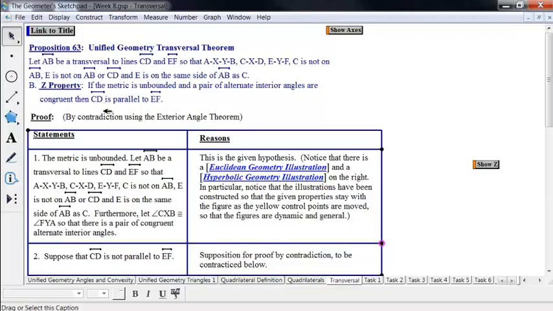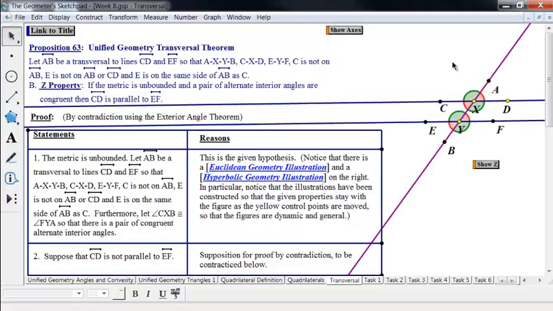Our conclusion is going to be then that we get the lines CD and EF parallel. So there's a mouthful when you say all that, but let's take a look at the picture. It's a lot easier to just draw it than it is to state all of it.